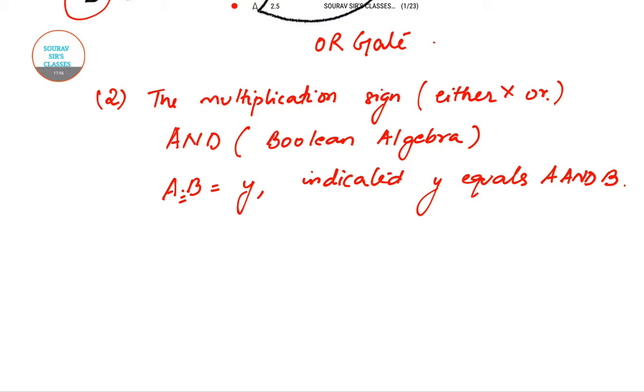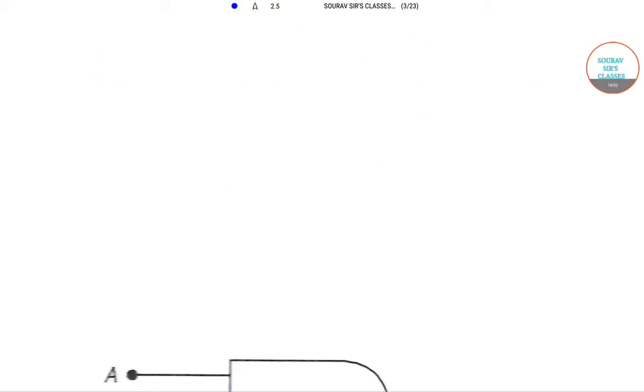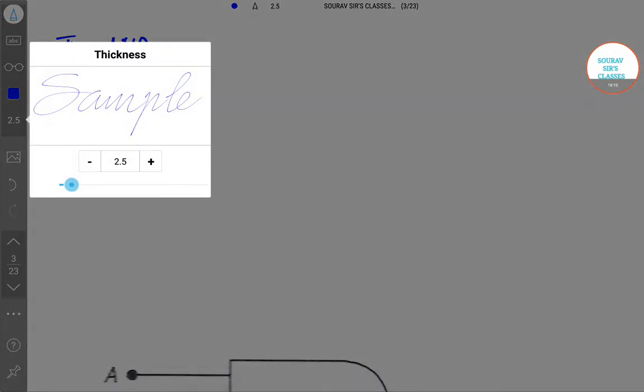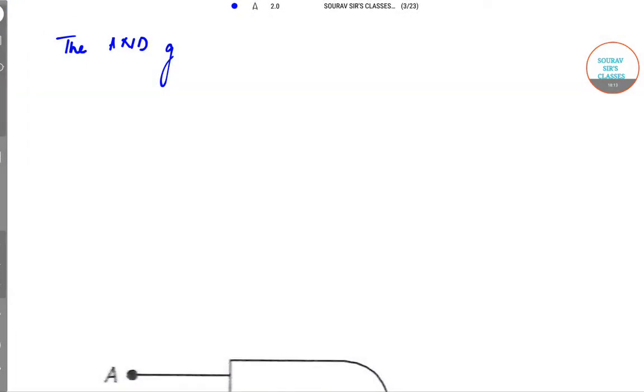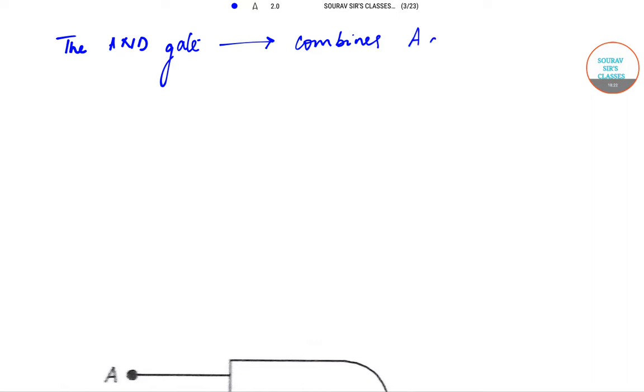Now next we will move on to the AND gate. Let me reduce the ink size further. The AND gate is a device that combines A with B to give Y as a result.